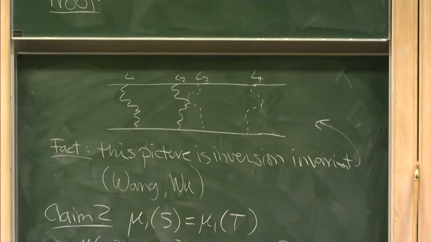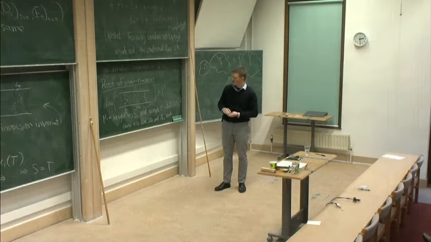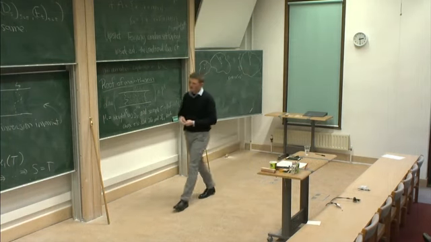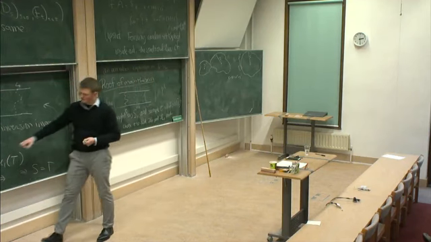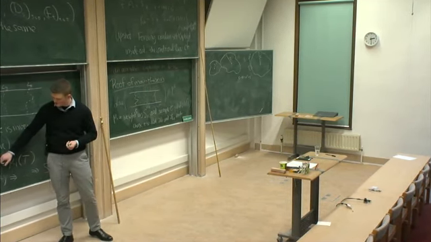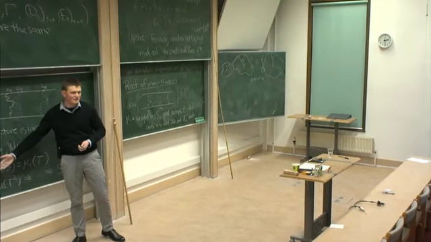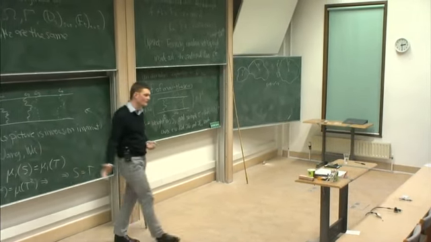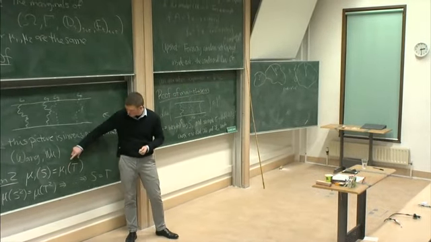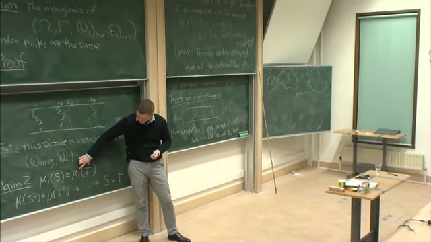And I'm quickly running out of time. But essentially, the pieces are in place because we know what the mu1 law of S is. It's just the second moment of a unit mean exponential, which is 2. So really, all we need to show is that mu1 of T is 2.